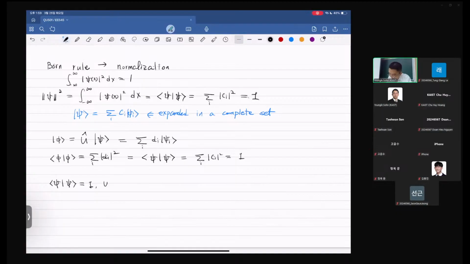If you apply some unitary operation, whatever that operator is, and get a new quantum state phi, then your conclusion is that the new quantum state also has length of one. If you apply a unitary operator to a proper quantum state, the output is also a proper quantum state, and you can apply the Born rule for interpretation because it doesn't change its length.